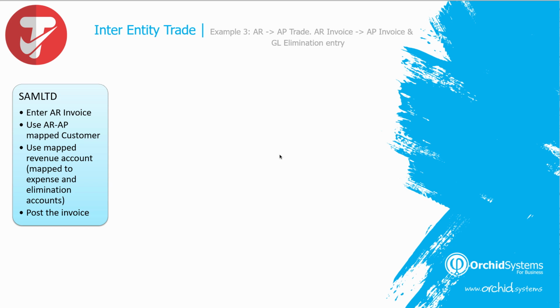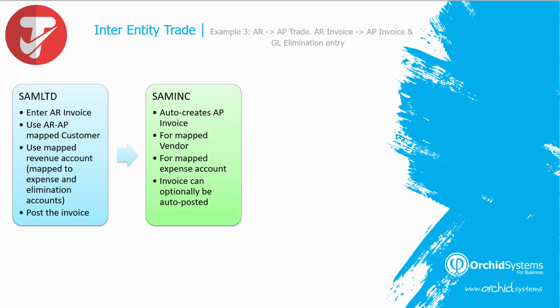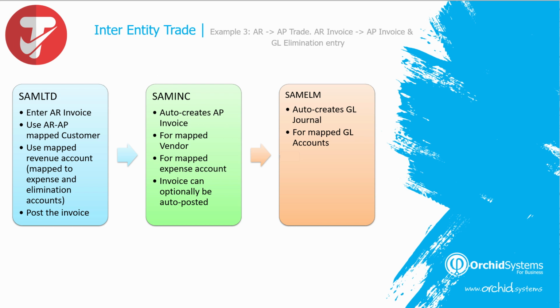We're going to post that invoice. And inter-entity trade will automatically create an AP invoice for the map vendor and the mapped expense account in SAM Inc. And this invoice can be optionally auto-posted. And then inter-entity trade is going to auto-create the GL journal for the mapped GL accounts in SAM ELIM.